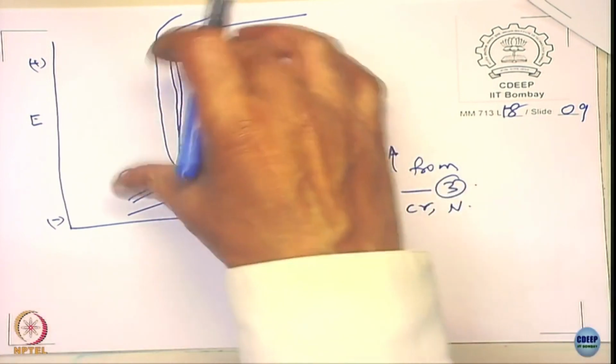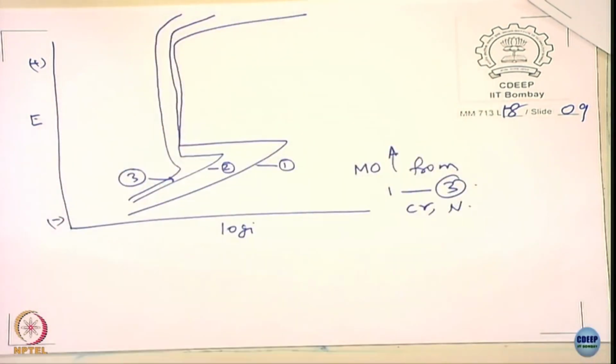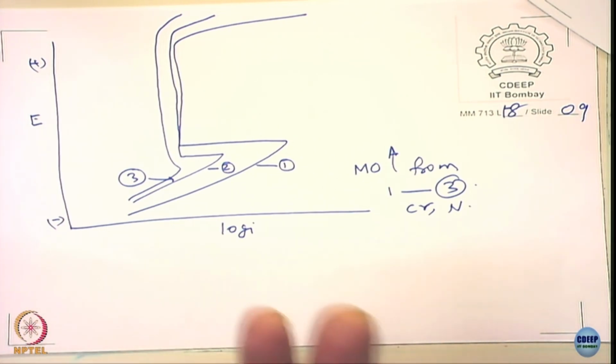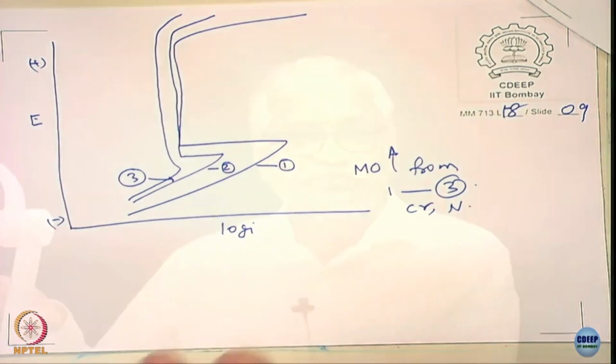They all can change the passivation behavior quite significantly, and so if you look at the many alloys that are developed, if you compare 316 and 304, 316 is better than 304, and 904L is better than 317, and 254 SMO is better than 904L.